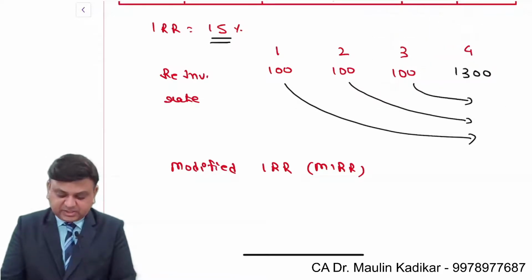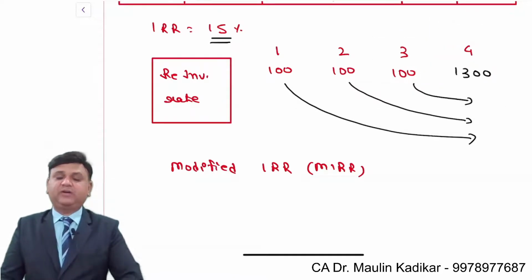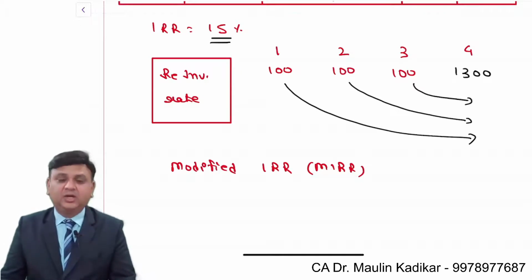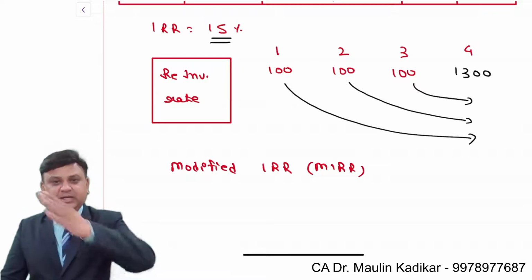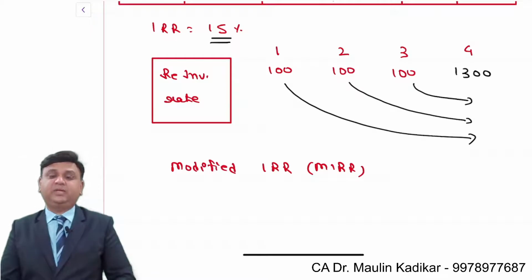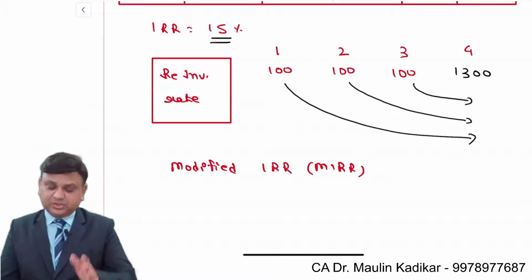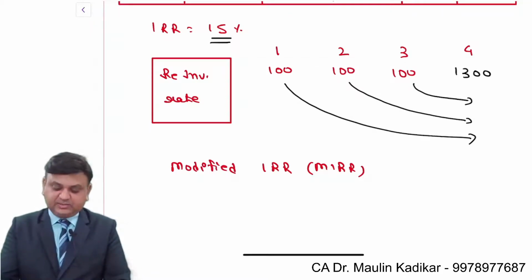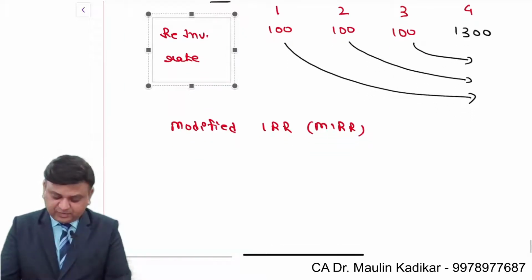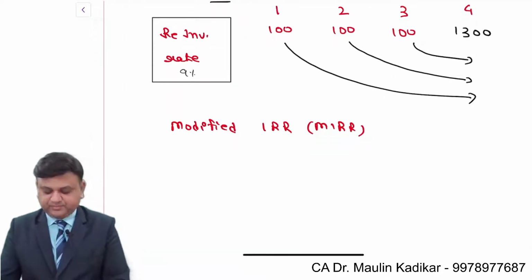Suppose the investor does not have the reinvestment opportunity available at 15%. No problem. You tell me the rate at which the internal cash accruals can be reinvested. Suppose it is 9%.